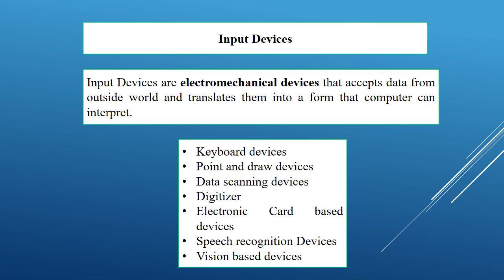Then data scanning devices, which means the scanner and digitizer, and fifth, electronic card based devices. The electronic card based devices means the ATM card we use in an ATM machine. That card is called an electronic card. And then speech recognition devices and vision based devices. So these all come under input devices of the computer.